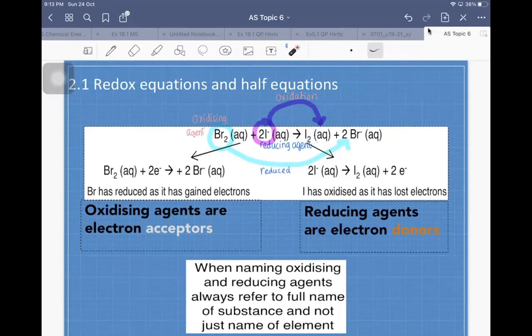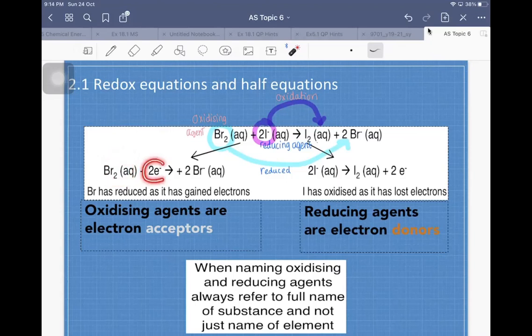Okay, for reducing agents, it reduces another species and itself gets oxidized. So it does things to other people, itself also changes. Okay. In terms of electron transfers, we know that our bromine is an oxidizing agent, right?